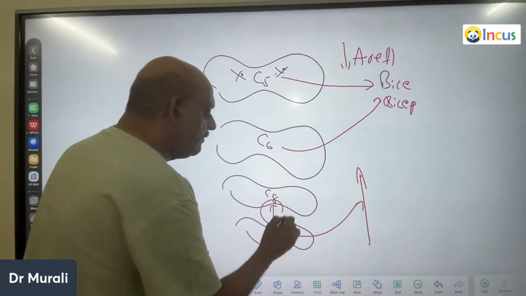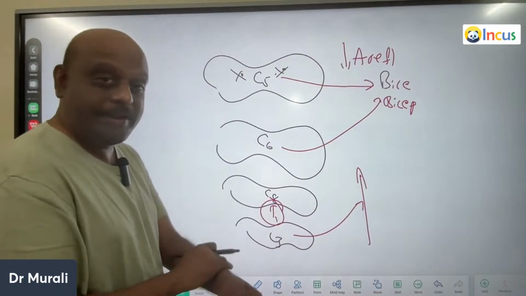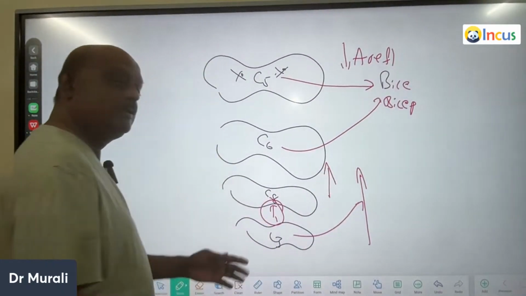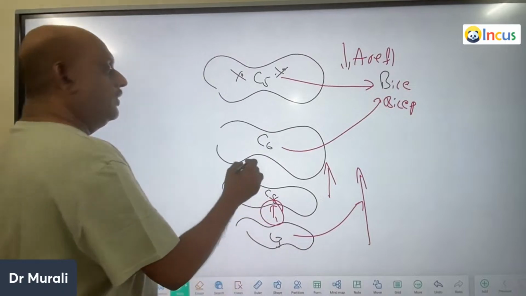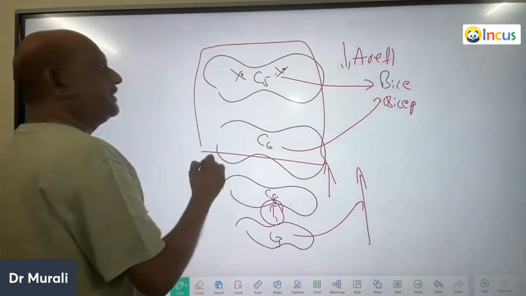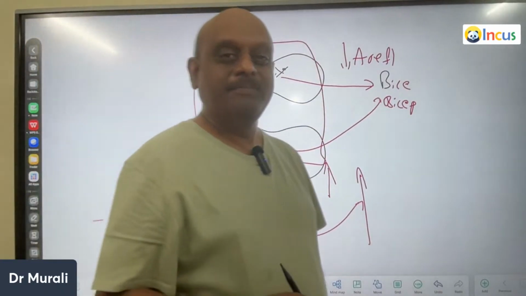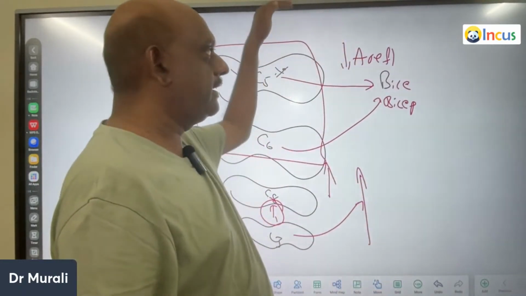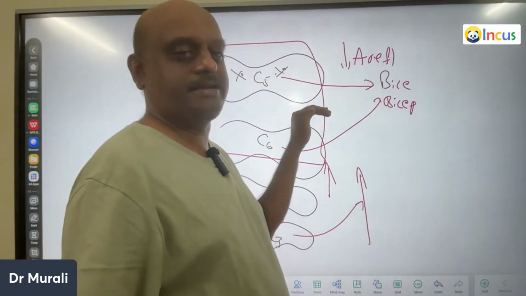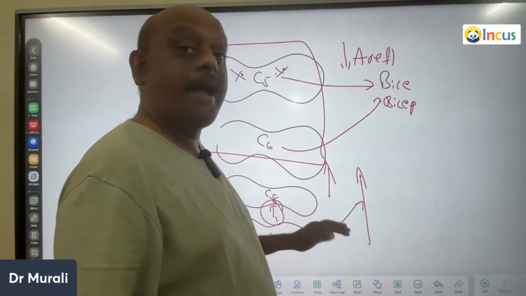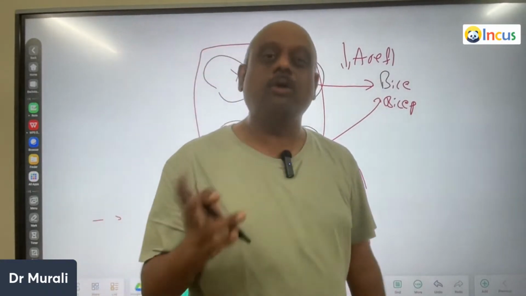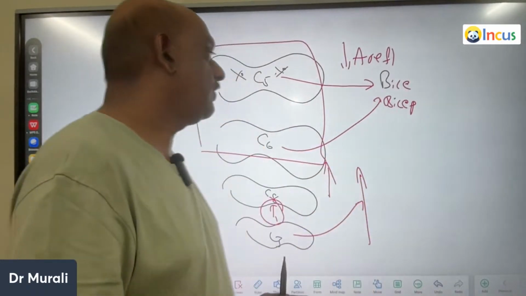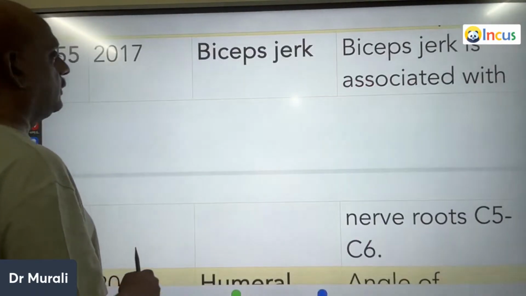C8 and T1 are involved in the supinator jerk, etc. They all will typically get increased. So at the level of the lesion, it will be areflexia. Below the level of the lesion, because of the loss of inhibition from the higher level corticospinal tract, there will be hyperreflexia. That is how you localize where the lesion is, and compression of the spinal cord is what you should remember.